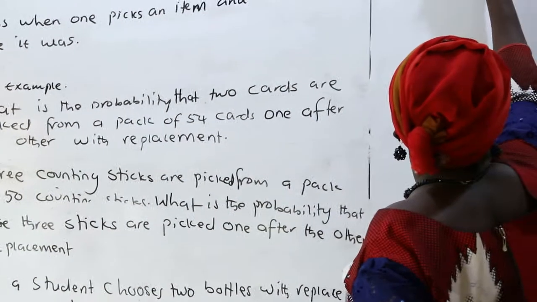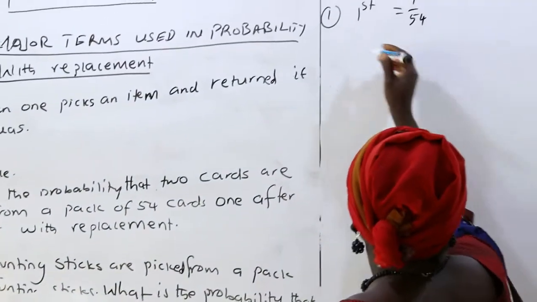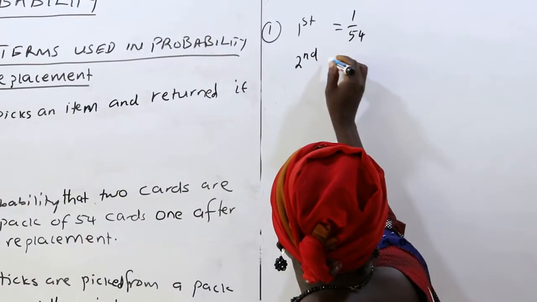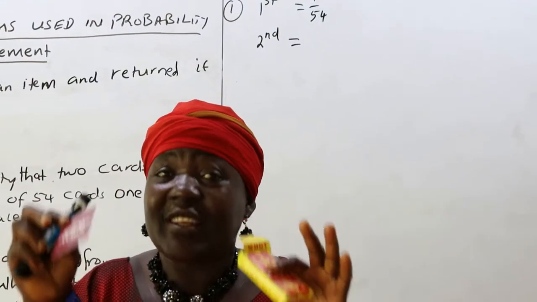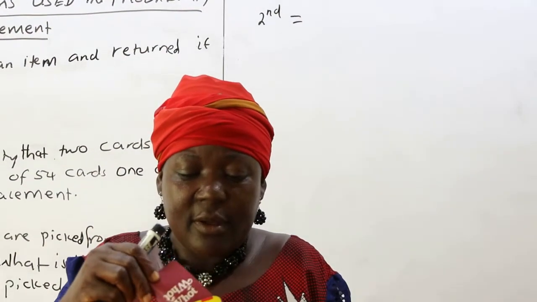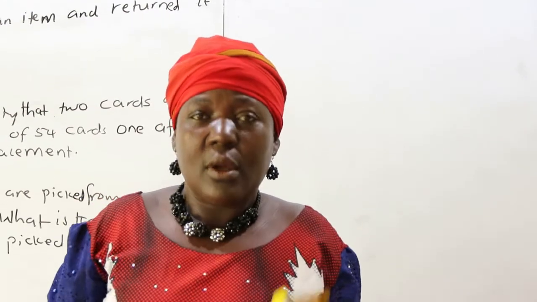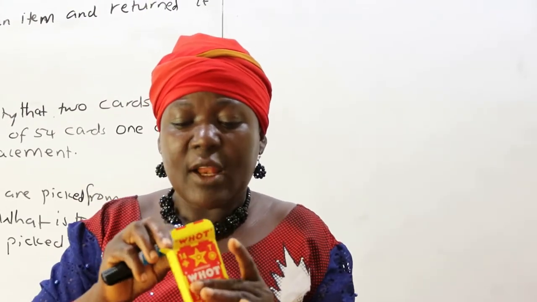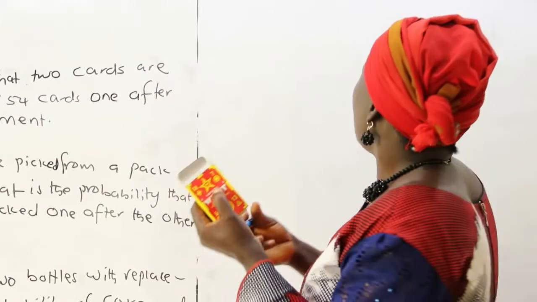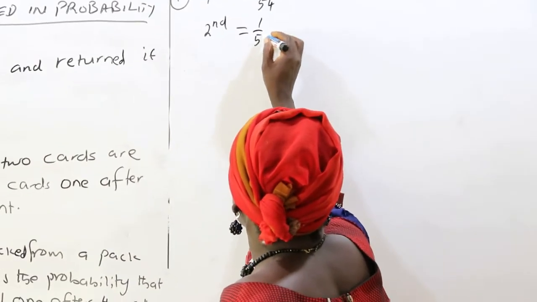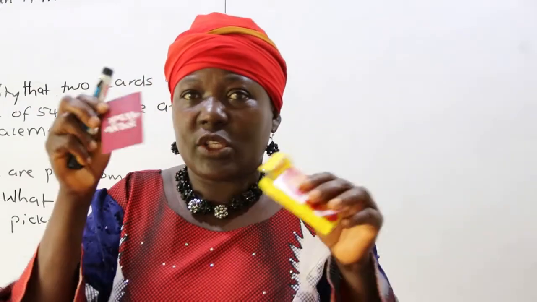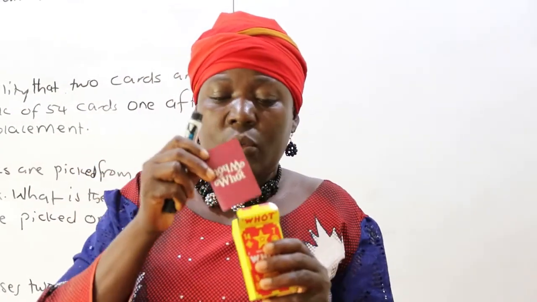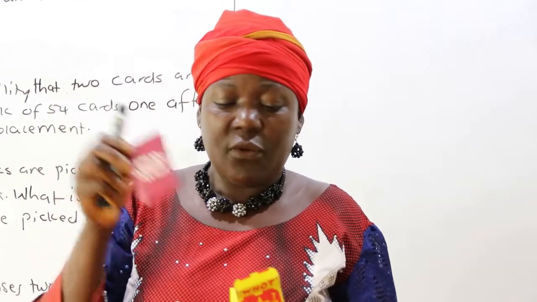The second picking, since they say with replacement, you have to replace it first before you pick another one. I've replaced it. So I will pick another one again. The second one is now 1 over 54. It will not change because you have returned it, they are still the 54. When you pick, it's still 1 over 54.